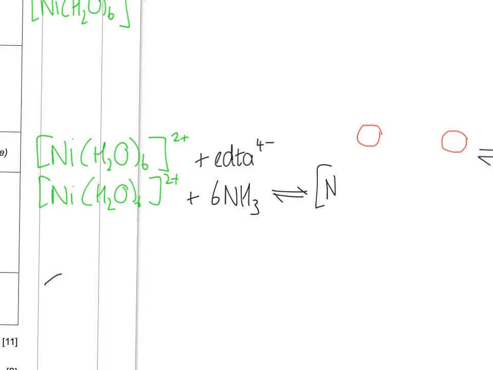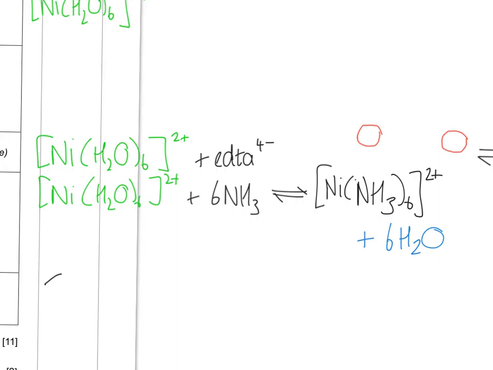And so what I end up with is my hexaammine complex. So my 6 ammonia ligands have taken the place of the 6 waters, and so now my 6 waters have been chucked out of the complex, and they are now free in solution.